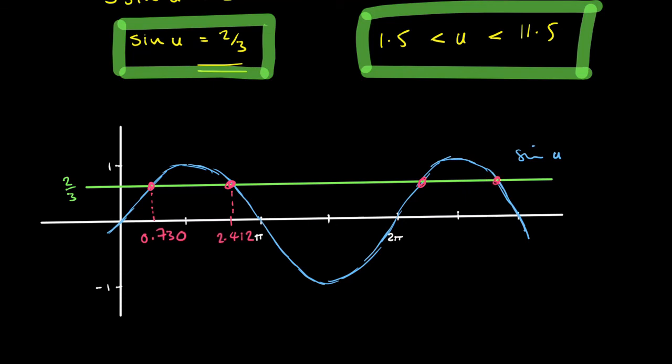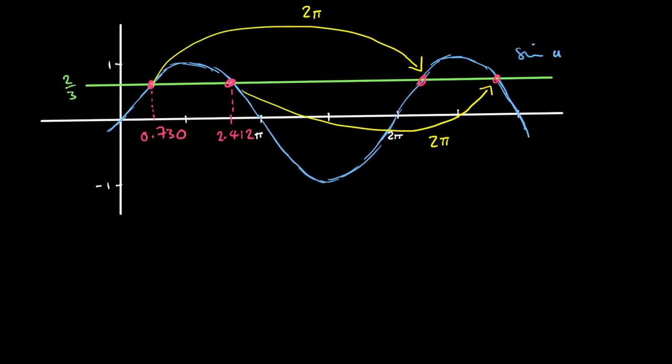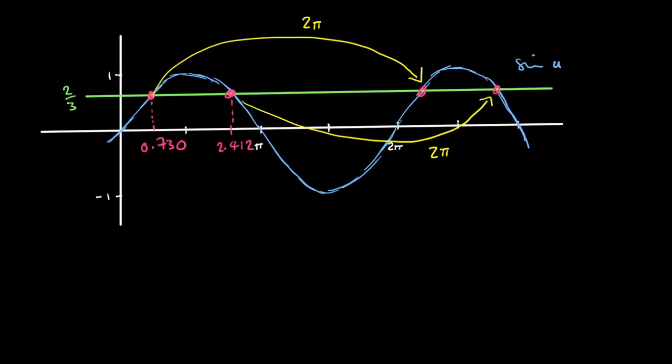So what I'm trying to say is that this point is one wave along, and this point here is one wave along. And for a sine wave, each wave has a period of 2 pi. So I'm going to take each of those solutions and add 2 pi. So I'm going to take my first solution, and I'm going to be adding 2 pi.